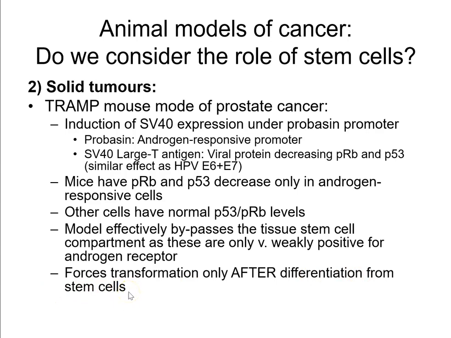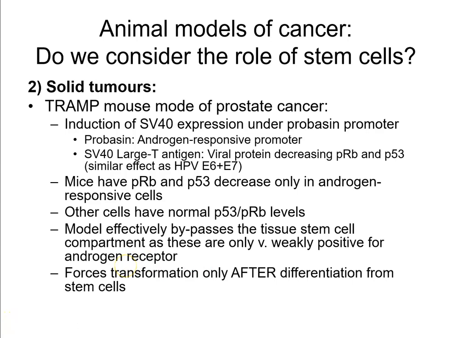Almost identical to the stochastic model, in that in the stochastic model, cells differentiate, then acquire mutations, and then those mutations will propagate long-term growth. And that's effectively what's going on here. We are inducing p53 loss and pRB loss in more differentiated cells than stem cells.